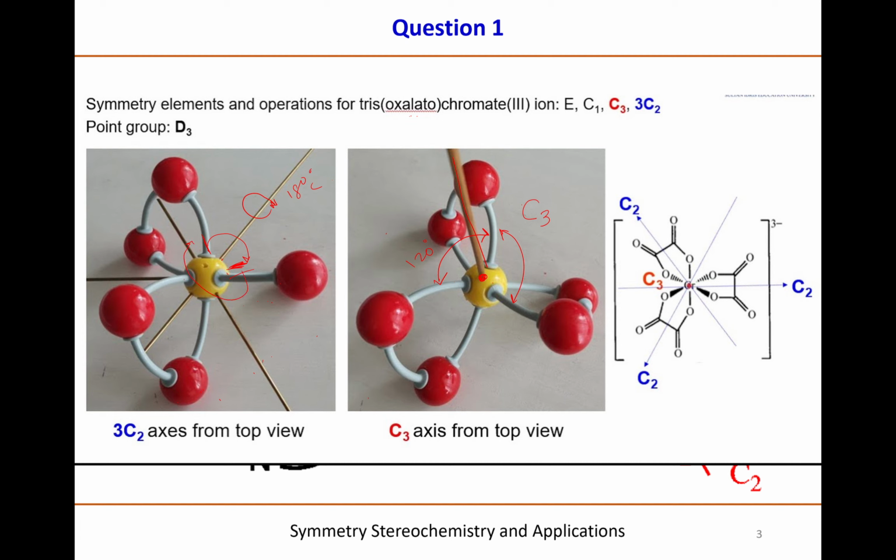You have to imagine in 3D. It's difficult to explain in the plane of paper, so that's why I'm explaining this way. Imagine the backside bond is here, and after the rotation, this will come to this side, and this bond will take the position of this bond.